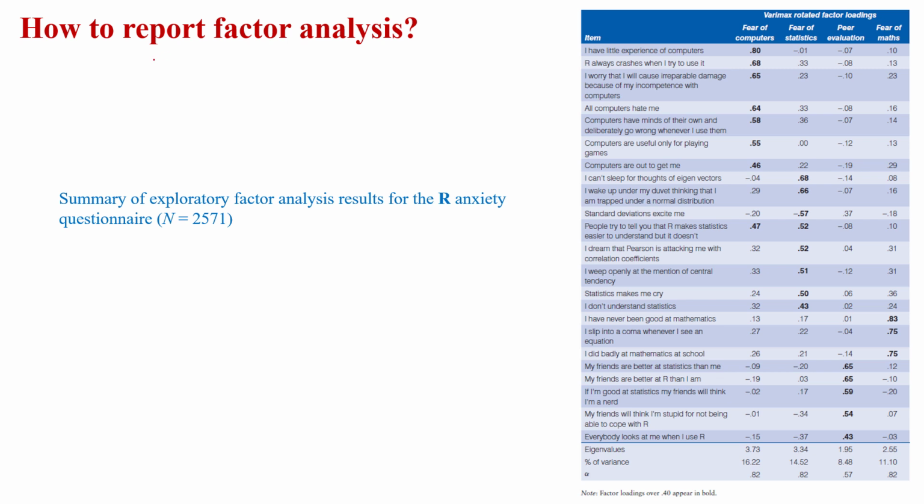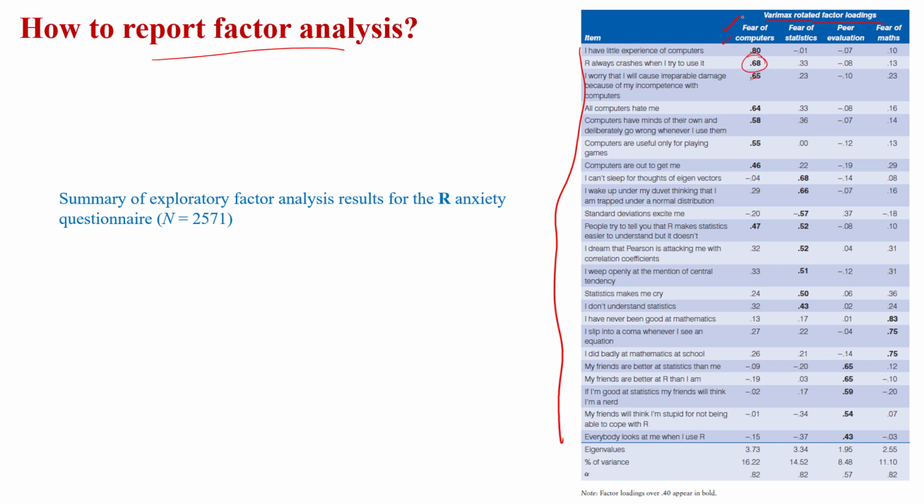So now the question is how we can report it. This is the way we can report it. That is basically according to the orthogonal, which means Varimax rotated factor loadings. So we are writing down every question item. Against that, we are mentioning the factor loading. So the bold color is basically indicating that this question item is indicating this particular factor.